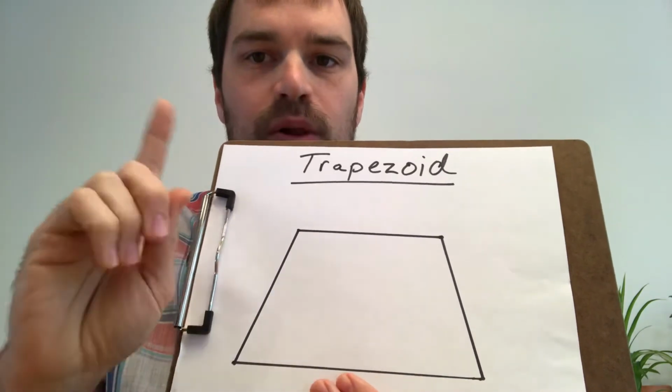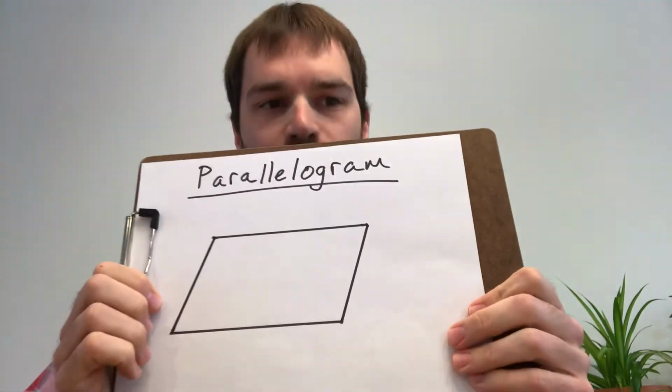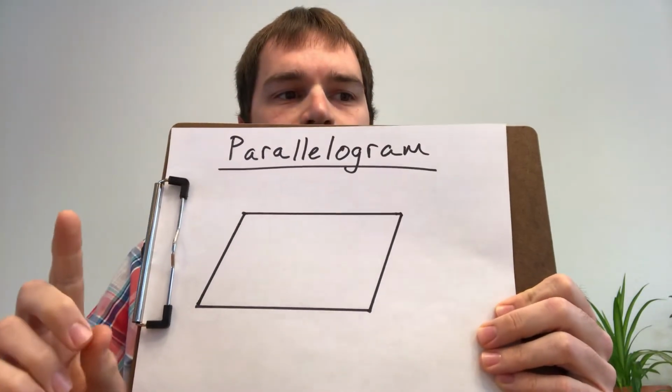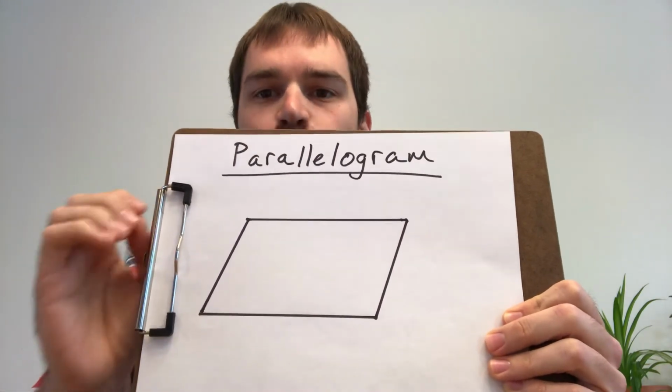The next one that I want to look at is called a parallelogram. Okay, and there's a key term in that word, and that's parallel. So this is an example of a parallelogram. A parallelogram has opposite sides that are parallel and of equal length.